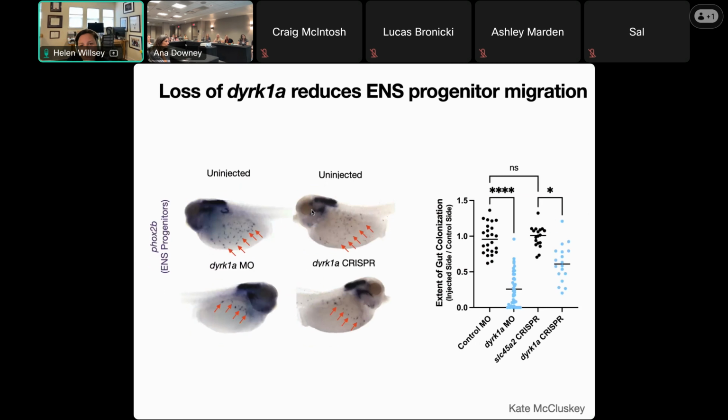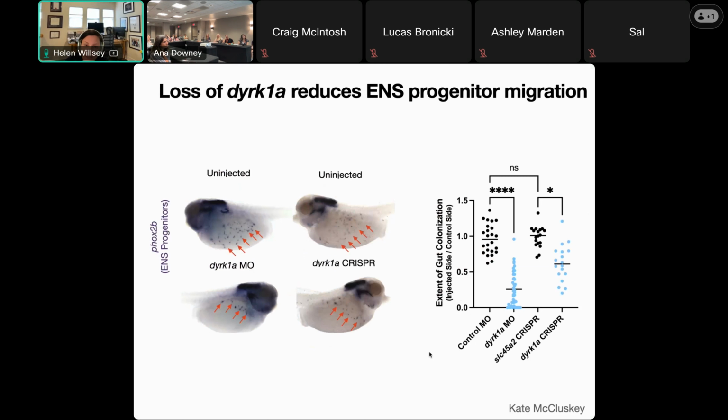And you can see in the control situation, they've migrated quite a far way. They've made it over halfway through the animal. But if you turn this guy over to the side where we've inhibited DYRK1A, they've started to migrate, but they just haven't made it nearly as far. So they're having trouble actually migrating into the gut.